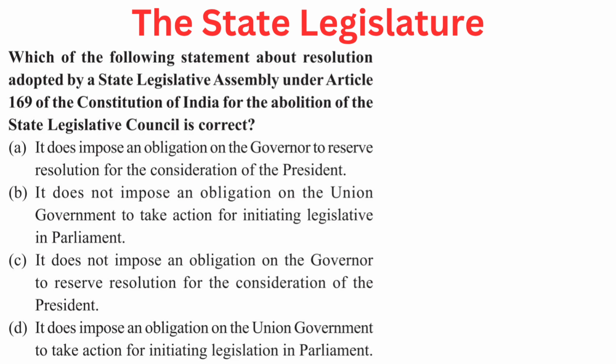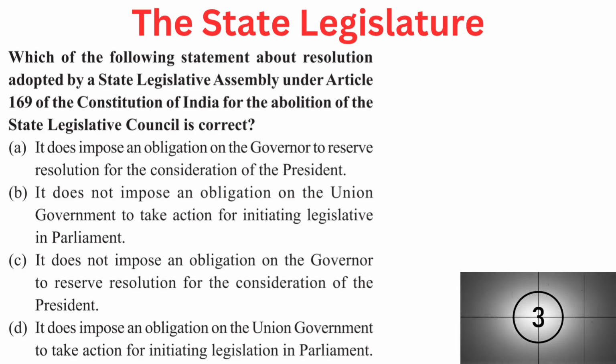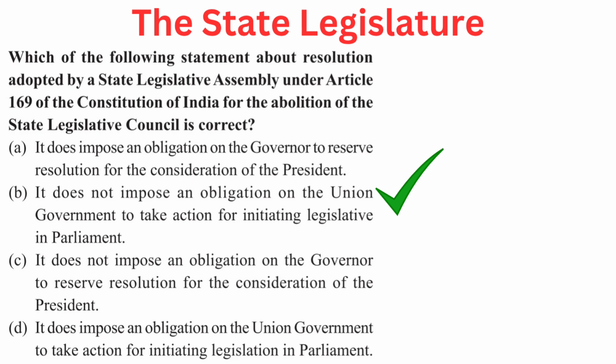Your options are A, it does impose an obligation on the governor to reserve resolution for the consideration of the president, B, it does not impose an obligation on the union government to take action for initiating legislative in Parliament, C, it does not impose an obligation on the governor to reserve resolution for the consideration of the president, or D, it does impose an obligation on the union government to take action for initiating legislation in Parliament. Right answer is B, it does not impose an obligation on the union government to take action for initiating legislative in Parliament.